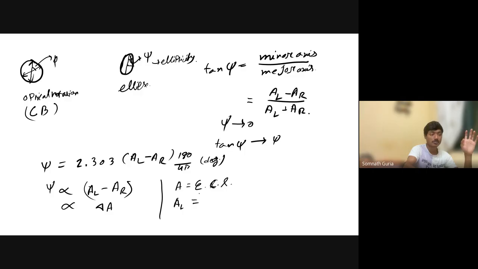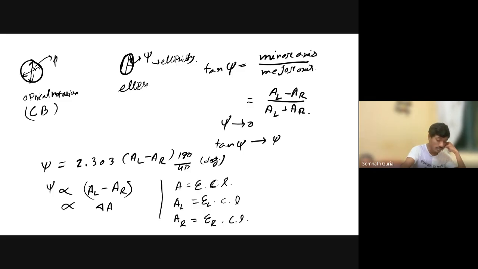Epsilon is the molecular property. So the absorbance of left hand circularly polarized light is epsilon L, C and L, and the absorbance of right hand circularly polarized light is epsilon R, C and L.